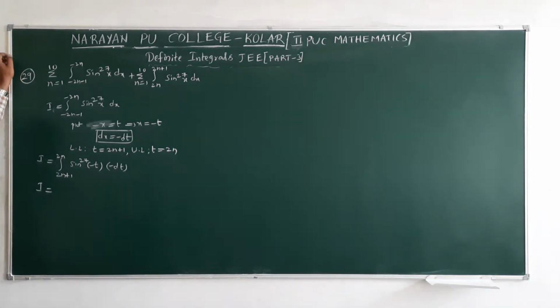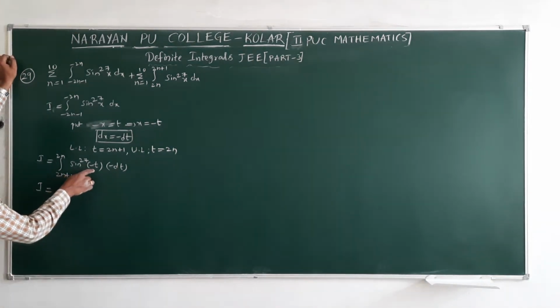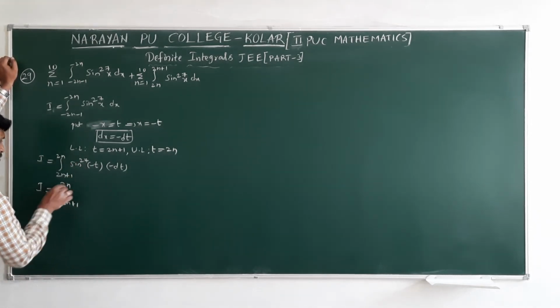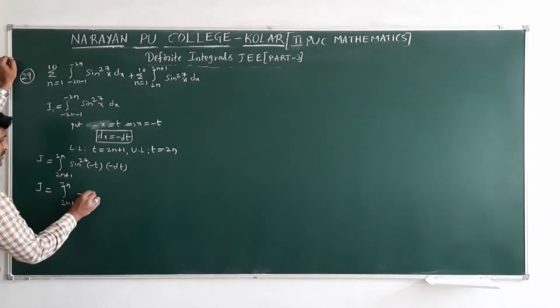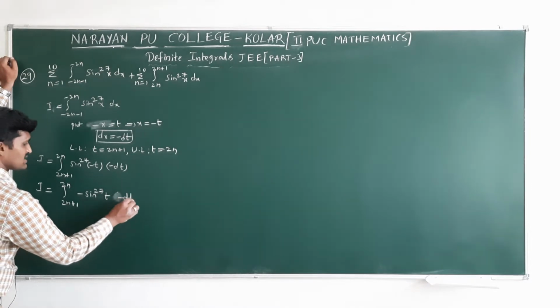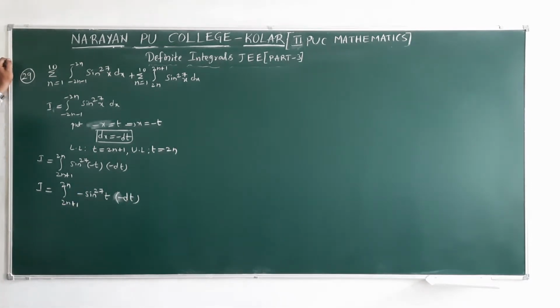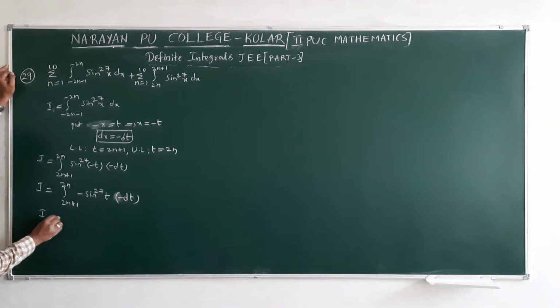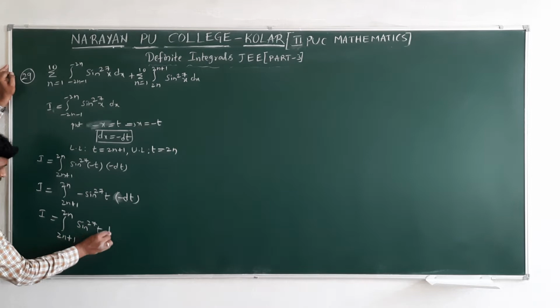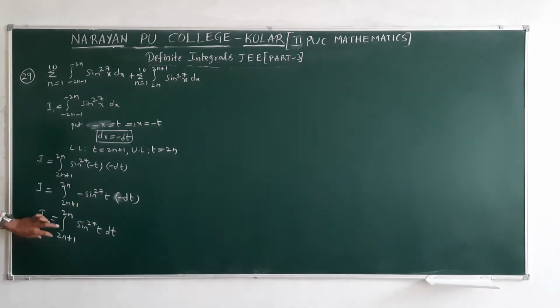I equal to, sin of minus theta is minus sin theta, because the whole power is an odd number. This minus will give 2n plus 1 to 2n, minus sin^27 t into minus dt. Minus into minus is plus, so we get I equal to integral 2n plus 1 to 2n sin^27 t dt.